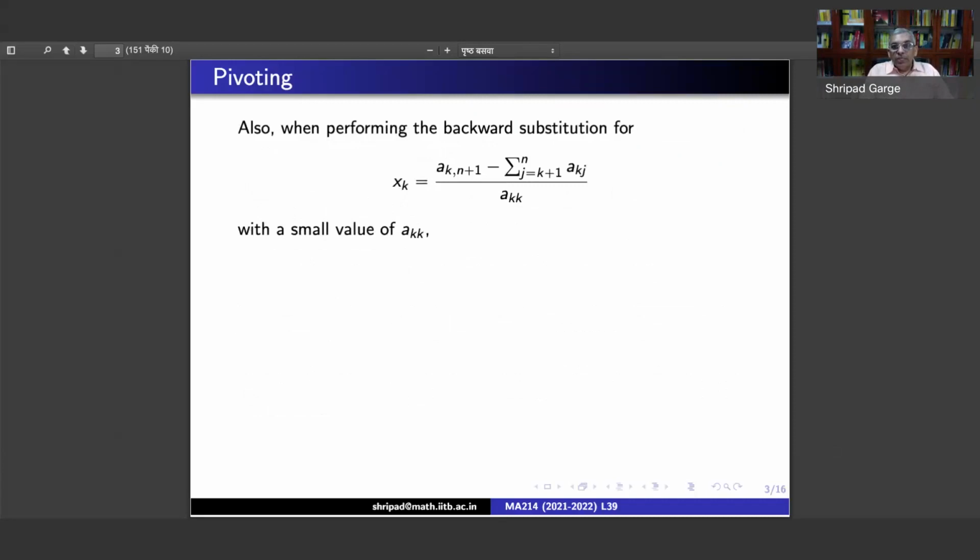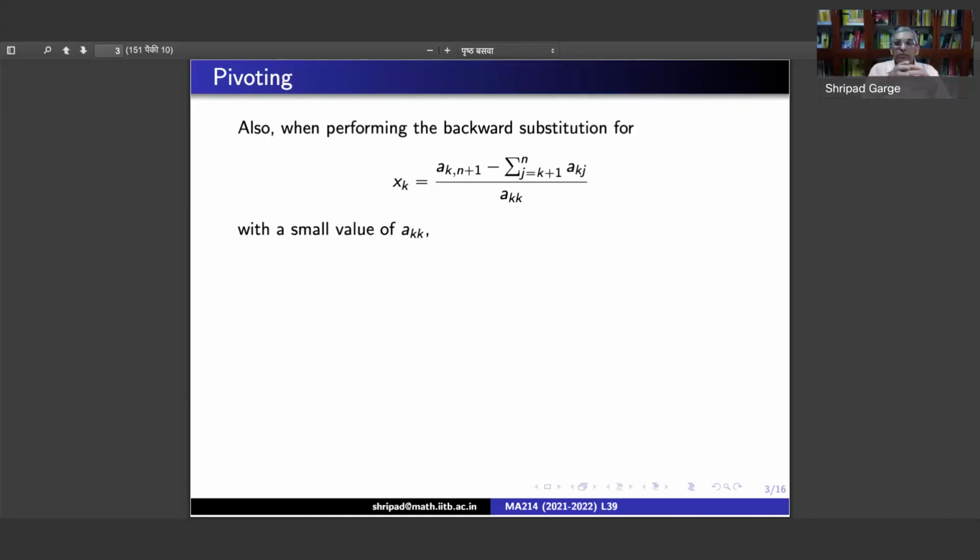So while performing this backward substitution, you will need to compute xk. And how do you compute xk? You will look at the equation EK, which is AKK xk plus A K K plus 1 x k plus 1 and so on equal to bk, and then you will subtract from bk, which is also known as A K comma n plus 1 when you are writing the augmented matrix, the summation of the previous terms.